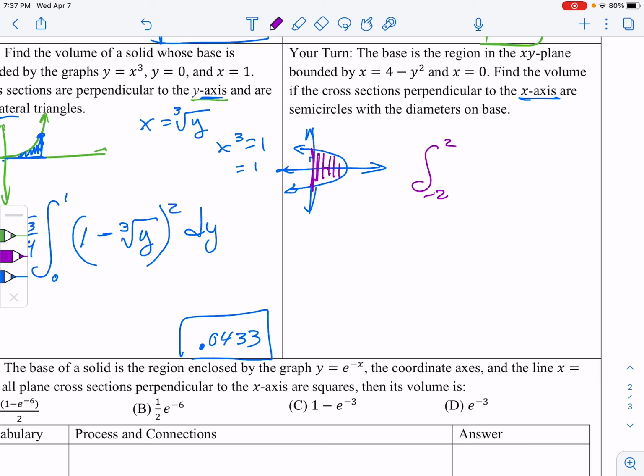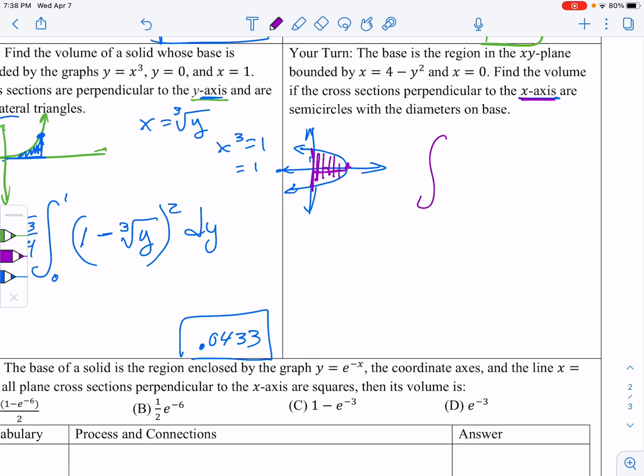Semicircles, and the diameters are on the base. Okay, so semicircles. So right minus left. Oh, we're going to the x-axis. Oh, there's the problem. If you're going to the x-axis, you'd have to do this twice. Oh, that's where my mistake is, because you're going to integrate to here. Oh, see, you got to be on your toes.